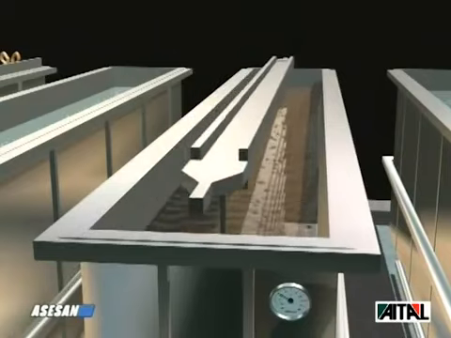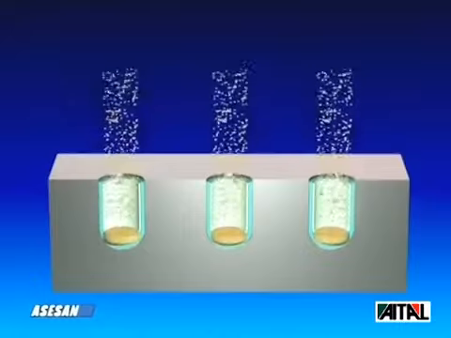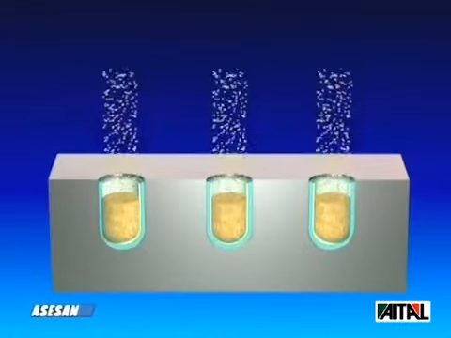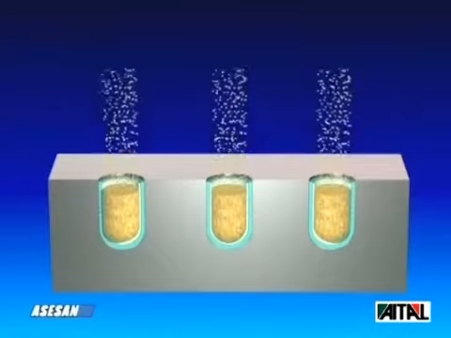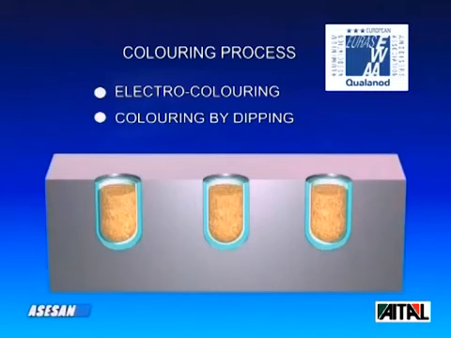If, on the other hand, a coloring is requested, you go to a phase in which metallic salts or chemical compounds are deposited inside the pores of the anodic layer to produce various tonalities of light-resistant color. The most common processes of electrolytic and immersion coloring follow the directives of the Qualinod quality label.